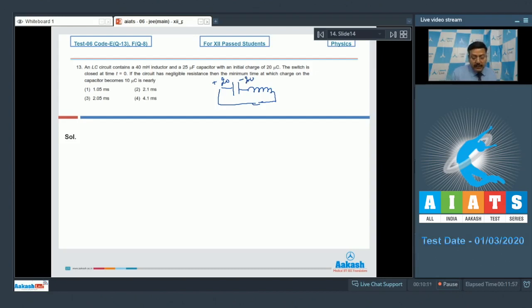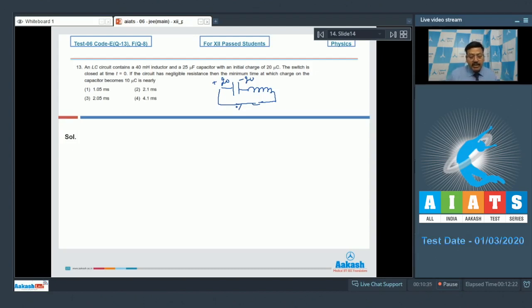Now if we consider that current will start flowing like this, we can see that initially the charge on the capacitor starts decreasing. So we have initial charge as 20 microcoulomb, the initial current as 0, and we also note that as the switch is closed, the charge on the capacitor starts decreasing.